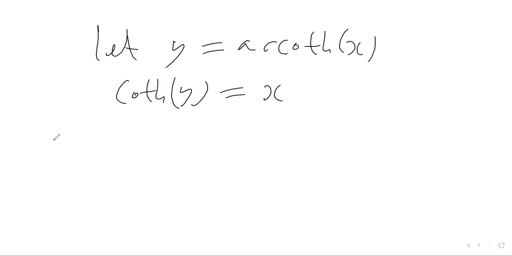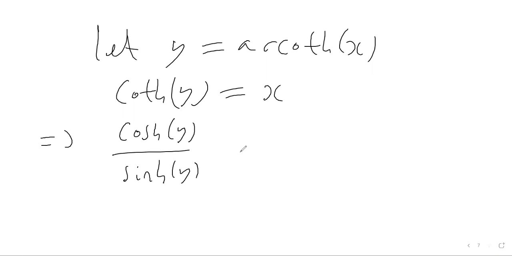Now, we know by definition that coth is defined to be cosh of y over sinh of y, and this equals x there. So the key thing to note is that the coth function is undefined at sinh y equals 0.